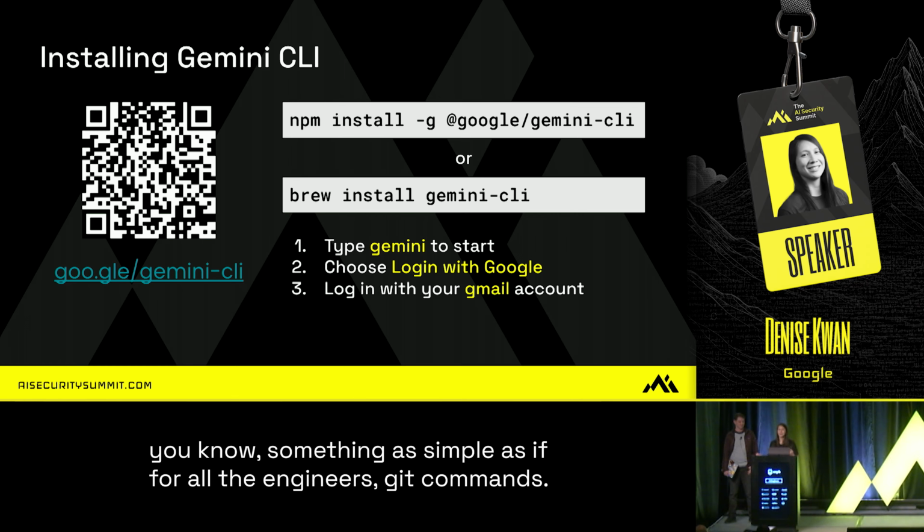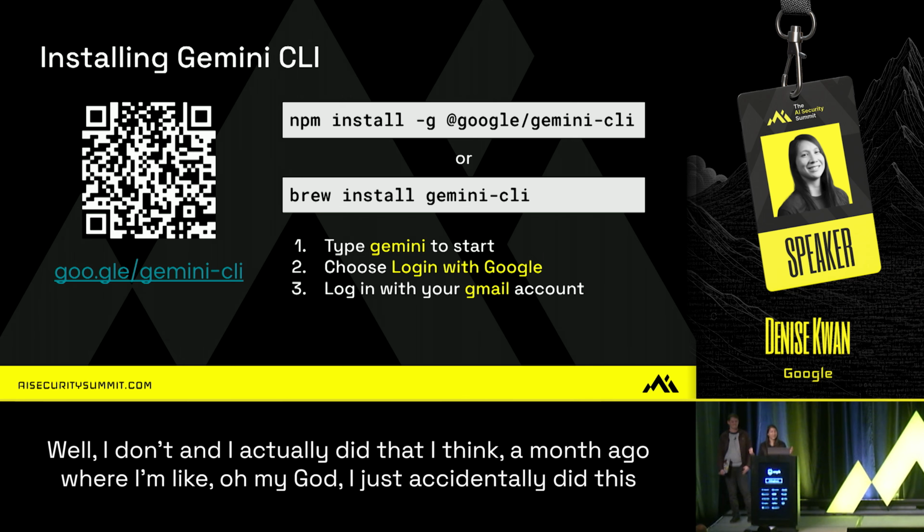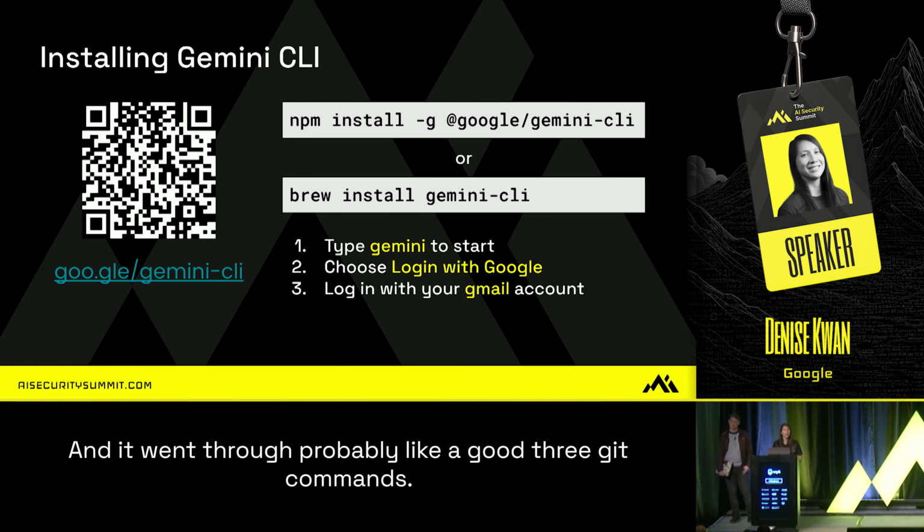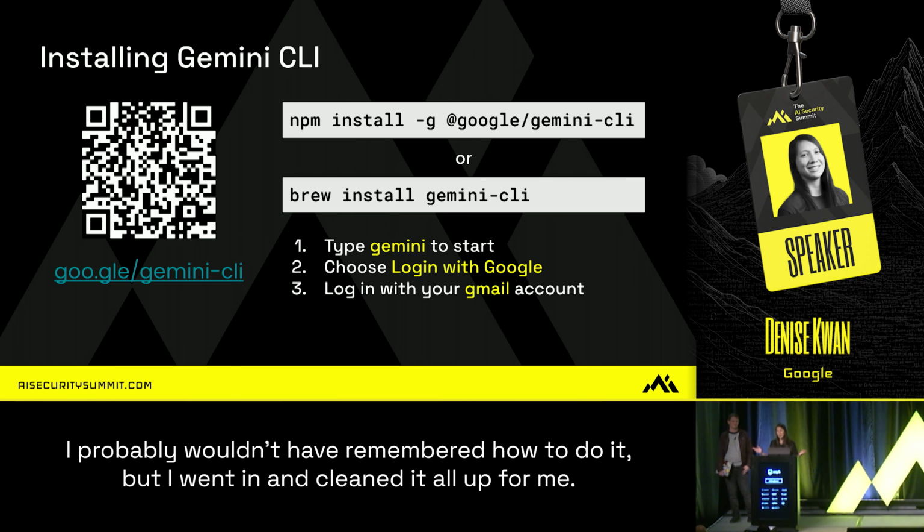Are you going to remember how to do that? I don't, and I actually did that about a month ago. I just went into Gemini CLI and said, can you remove this for me from the whole Git repository? It went through probably a good three Git commands. I probably wouldn't have remembered how to do it, but it went in and cleaned it all up for me.